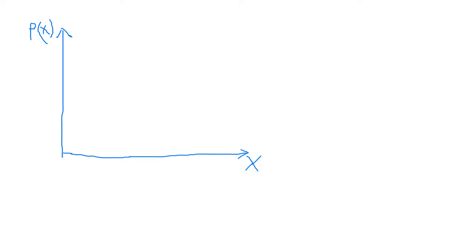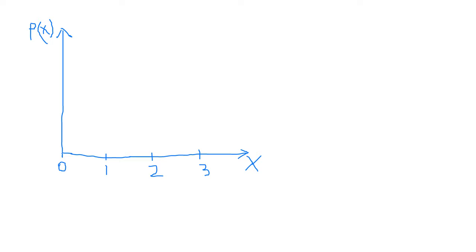So I'm going to draw a graph of what it is we just calculated, our probabilities, right? So let's say my x-axis is the number of tails, and my y-axis is all the probabilities that we calculated. So we said that x could be 0, 1, 2, 3. Okay, and then we had the values for our probabilities.